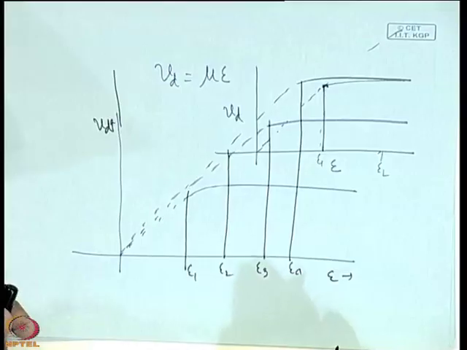This is particularly important for high power devices, because for high power the electric field associated is very high, and if the drift velocity saturates, then some of the properties you will not find, some of the applications you will not make. If it saturates at a very low field, then in high field it will not work, because we want the electrons to be as movable as in the low field region.